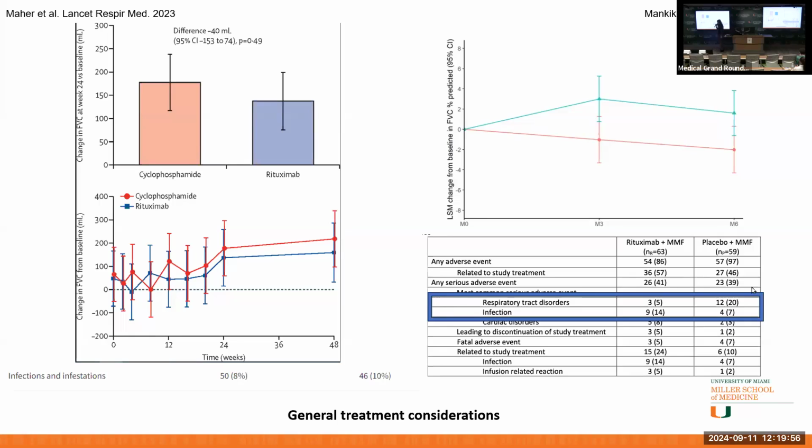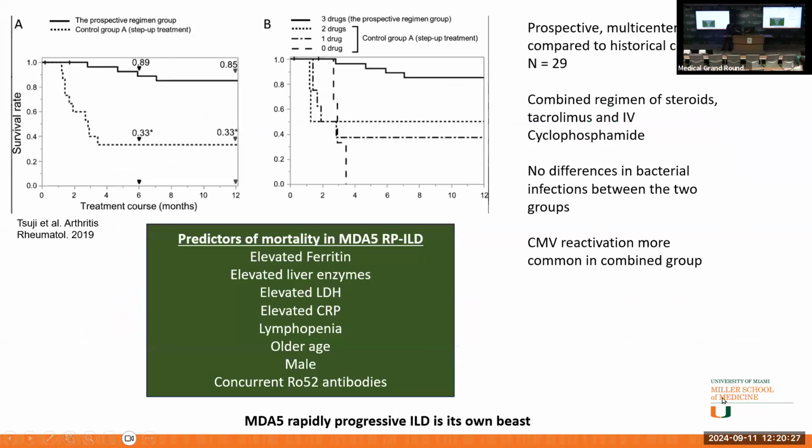And what's really interesting here is, although there was more infection, 14 versus 7 in the combined group, which was led by viral infection, there was no difference in bacterial or fungal infection between these two groups, just virus. There was much higher problems from the underlying lung disease, 20% versus 5% if you didn't treat. So looking at this, you're having more exacerbations if you're holding back immunosuppression in this group versus actually treating. So it's a bit of a trade-off here.